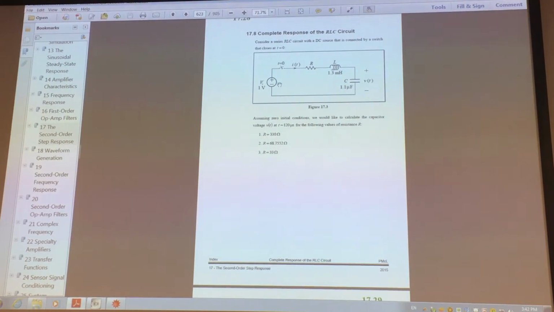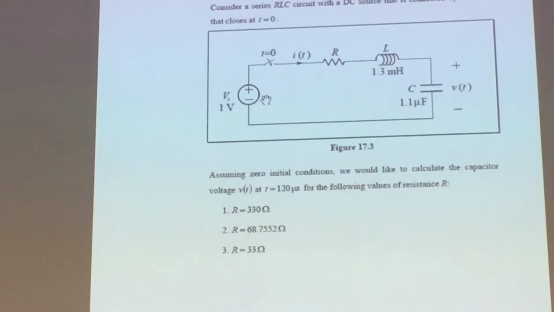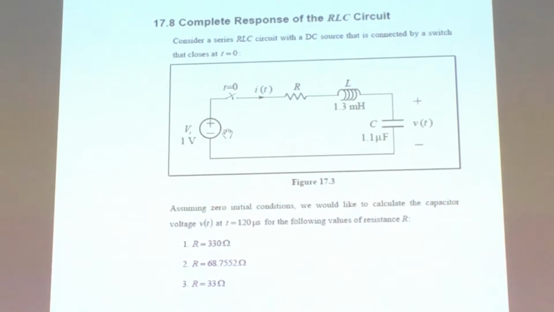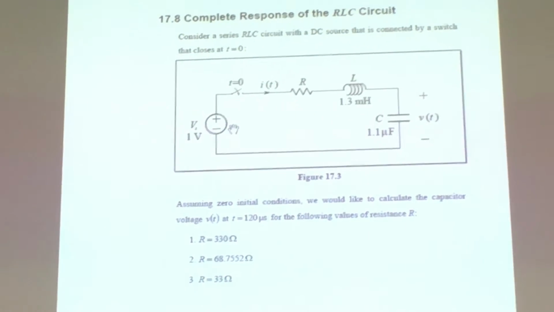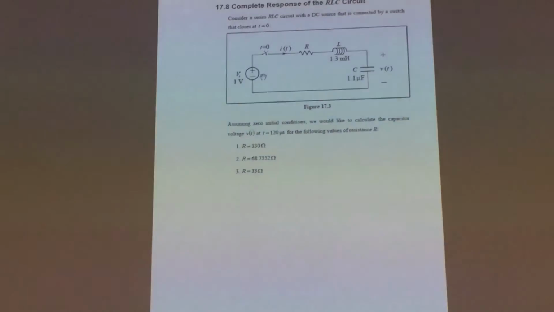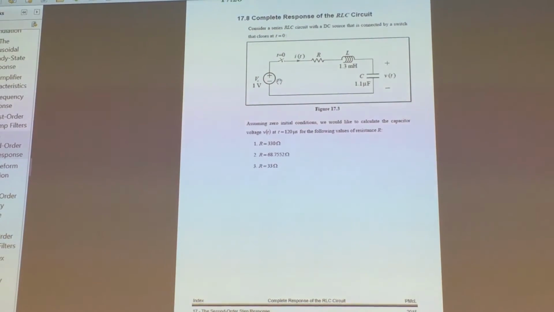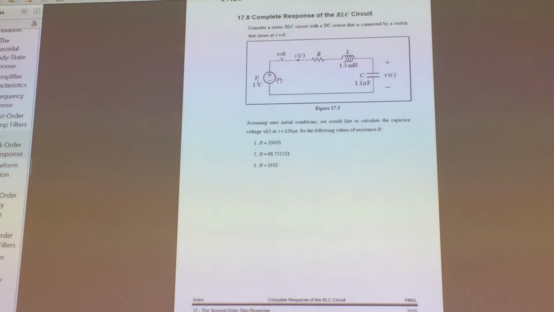If the source happens to be sinusoidal or varying in some way, then of course the force response will also be varying in the same way. So if the source is sinusoidal, all the force responses in the circuit will be sinusoidal, and you know how to find them because we know how to analyze the circuit in the frequency domain.